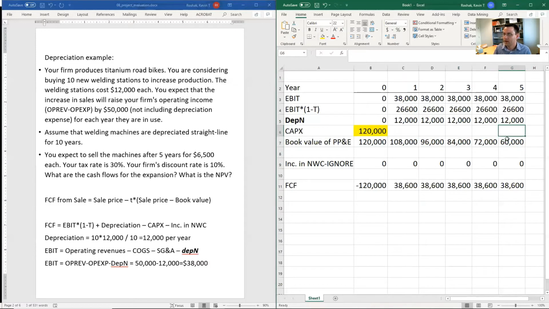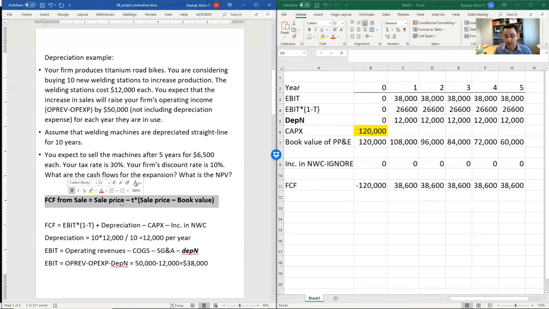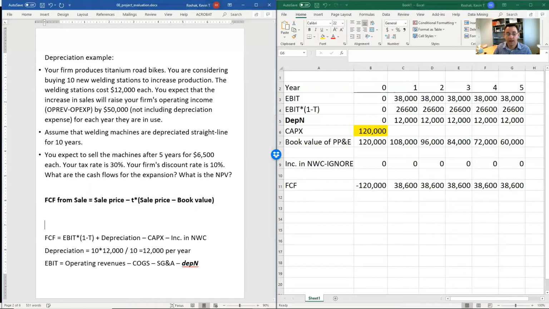Okay. So now back to our free cash flow from the sale. We know we have to keep track of the book value to get this free cash flow from the sale. In our example, we know that we're selling it for $6,500 each, and there's 10 of them. So we're going to be getting $65,000 in proceeds from the sale.